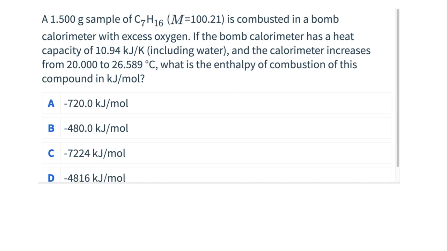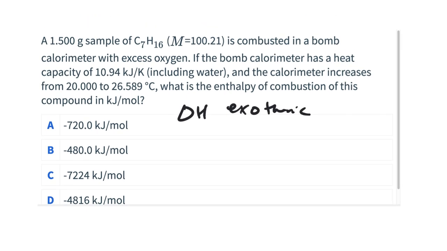Now, delta H should be exothermic for the compound. Unfortunately, all the choices are exothermic, so on this particular problem, knowing that wouldn't have allowed us to narrow in on any of the answers. But that's just this particular question. Different questions on different exams or quizzes may give you choices where knowing it's exothermic would help you narrow in on the answer. The reaction taking place inside the calorimeter would be C7H16 plus O2 forming CO2 and water.